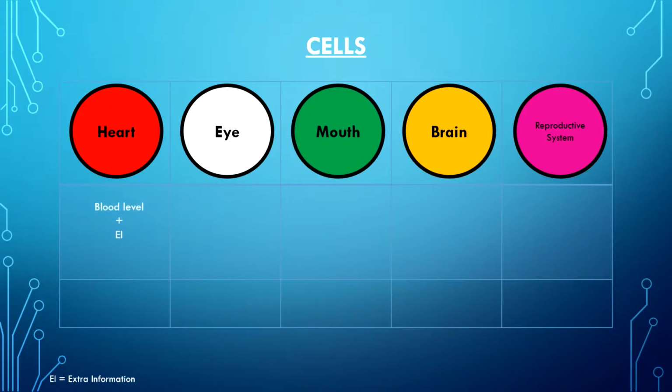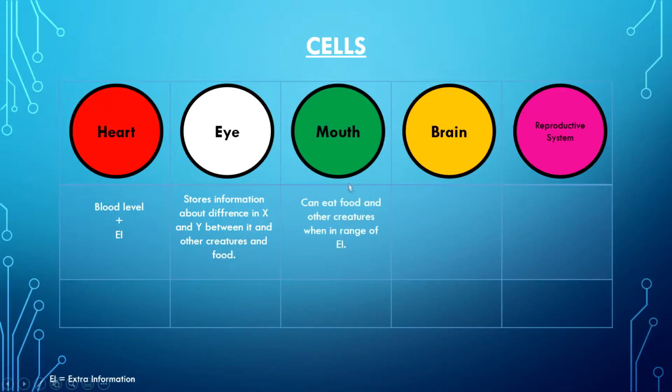The heart's function is that each second it adds its extra information to the blood level. The eye stores information about the difference in X and Y between it and other creatures and other food. The mouth can eat food and other creatures when in range of its specification, the extra information.